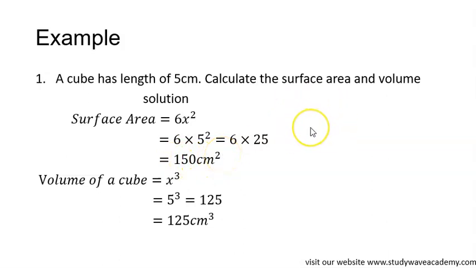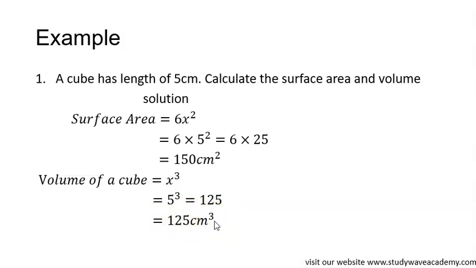Now to calculate the volume, we input into our formula. The volume of a cube formula is x raised to power 3. Remember what this x represents? So we input our number into the formula. 5 raised to power 3 means 5 times 5 times 5, not 5 times 3, okay? So 5 times 5 times 5 gives us 125. So our answer is 125 centimeter cube.